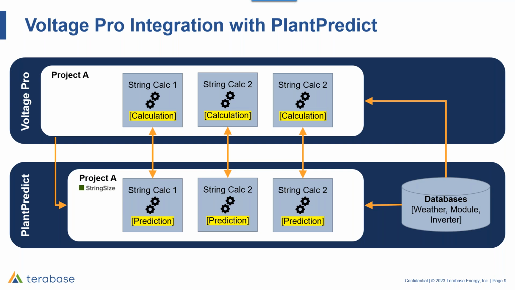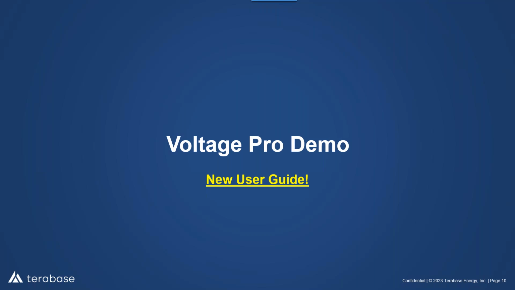And so now that we have a basic understanding of Voltage Pro's relation to PlantPredict, we're going to take it for a live spin. I would like to highlight that we've just published a new in-depth user guide as of yesterday.